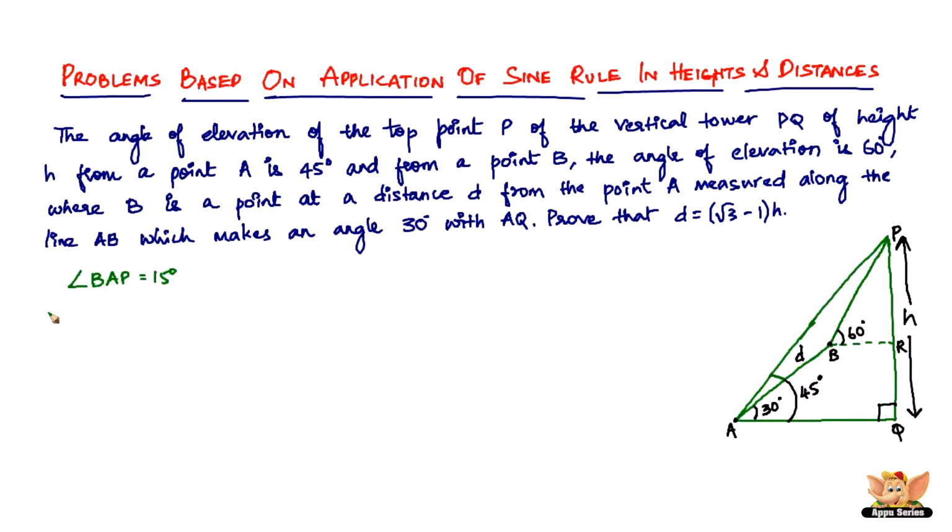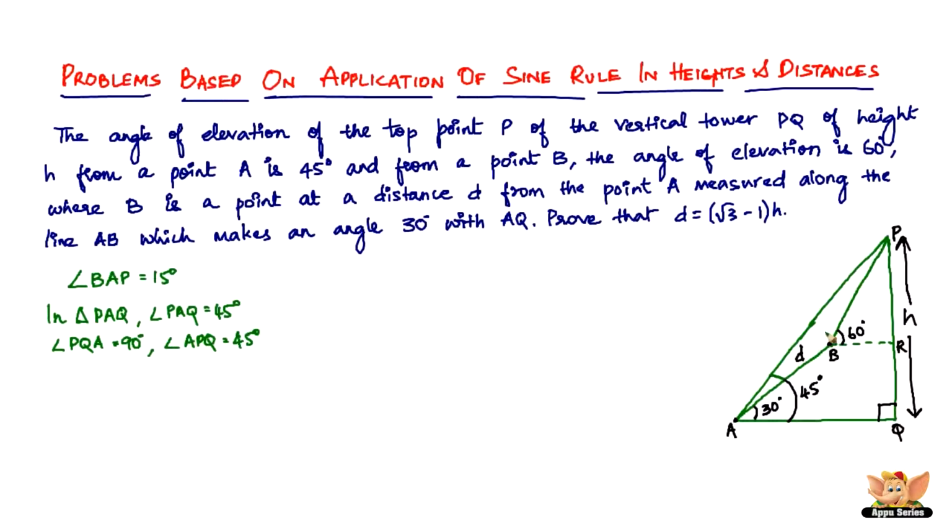So, we'll write in triangle PAQ, we have angle PAQ equal to 45 degrees, and angle PQA, that's the right angle, so it's going to be 90 degrees, and then we have angle APQ, which should be 45. If this is 45, this is 90, this obviously has to be 45, right? So that's going to be 45 degrees.